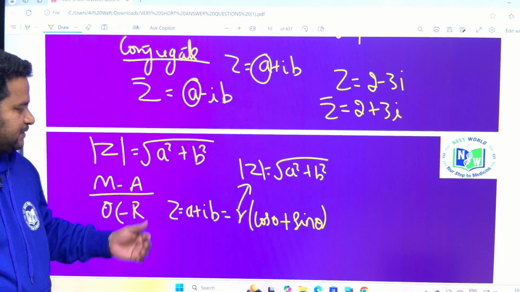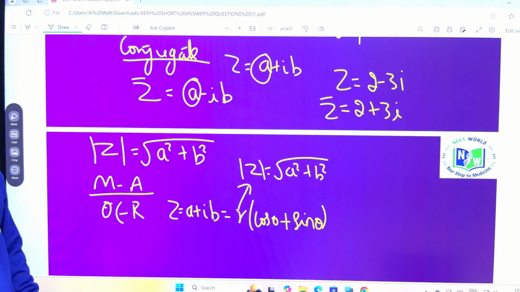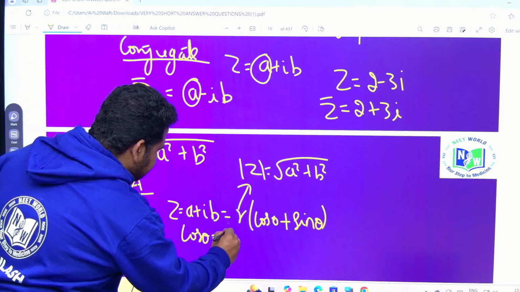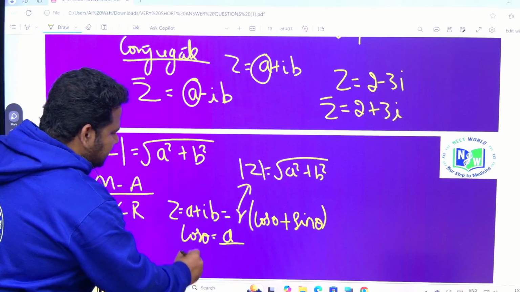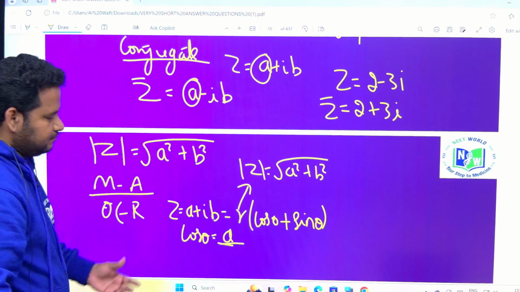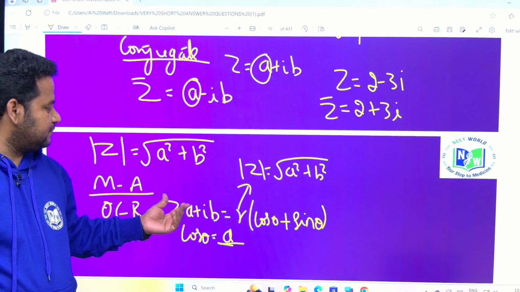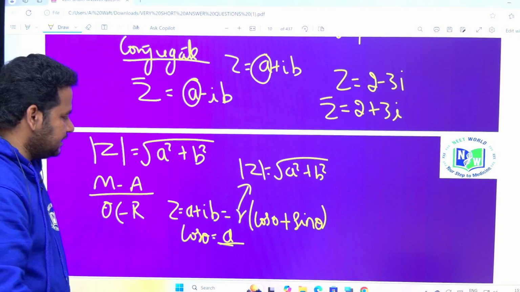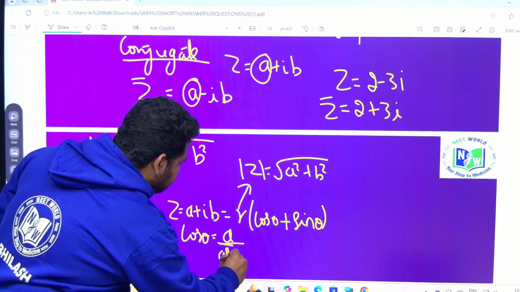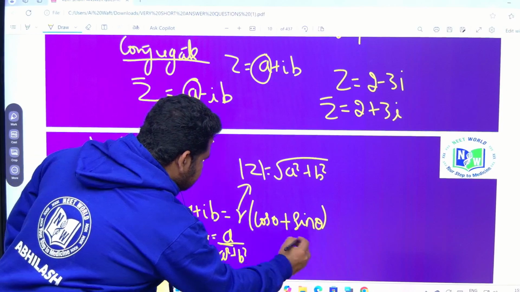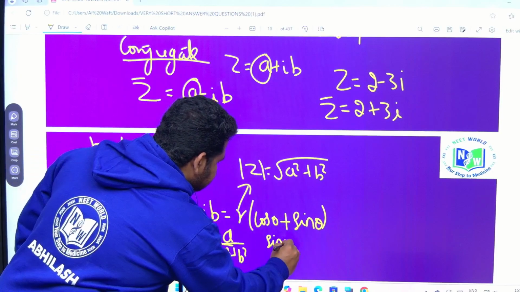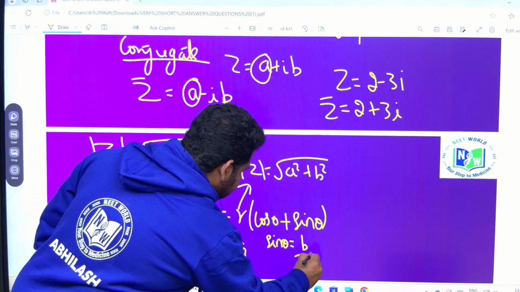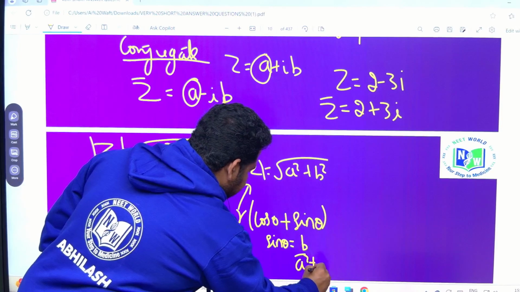Cos theta is given by A by root of A square plus B square, and sin theta is given by B by root of A square plus B square.